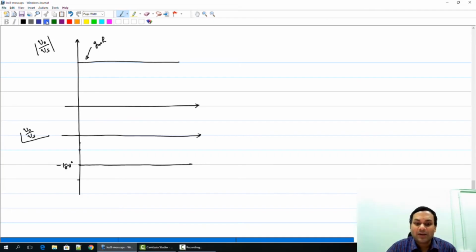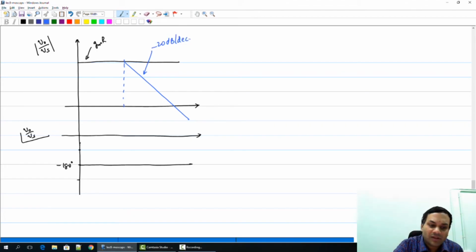Now, with the capacitances C1 and C2, it turns out that this behavior is valid only at low frequencies, and at higher frequencies the magnitude of the gain goes down at minus 20 dB per decade, in this particular plot. Now I'll just point out that this is now in dB and not just the magnitude, and you're plotting it as a function of log of omega.